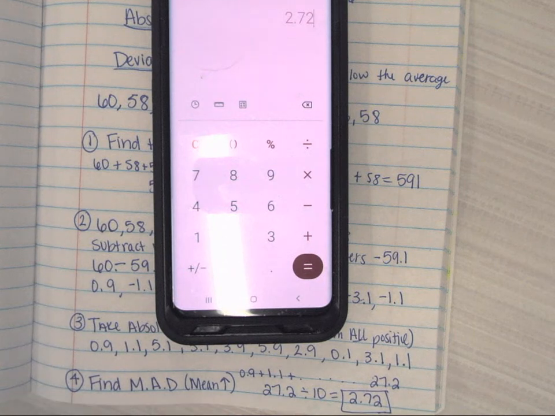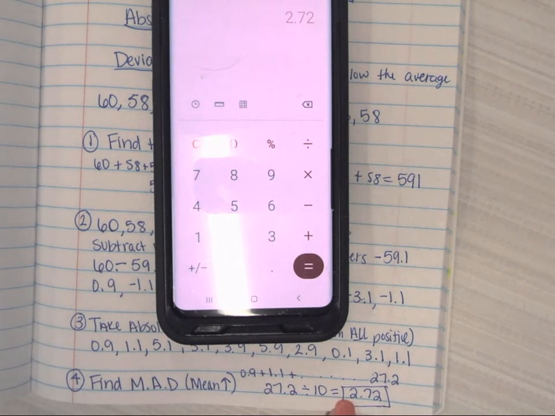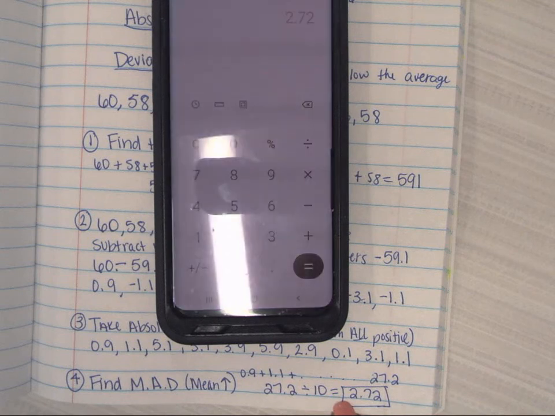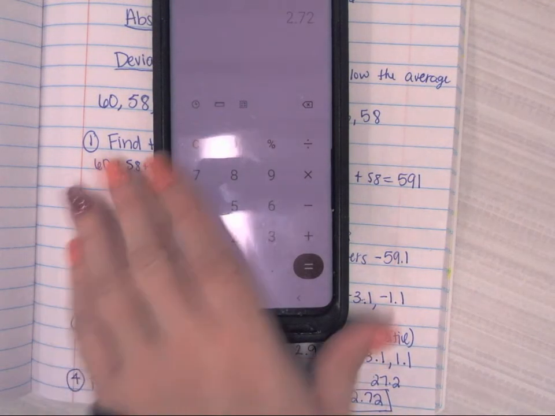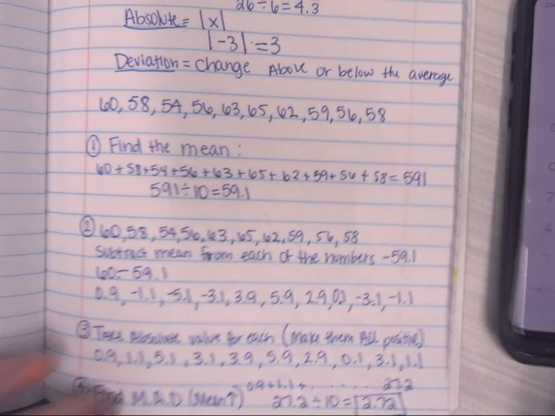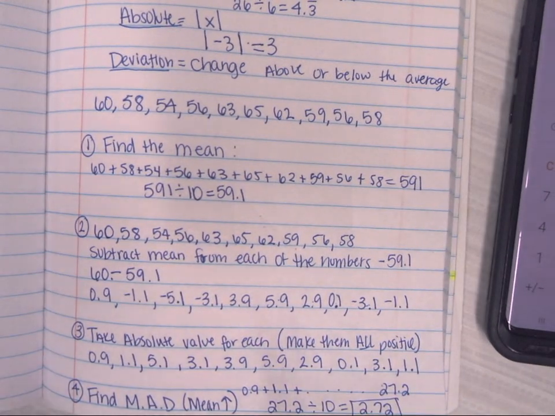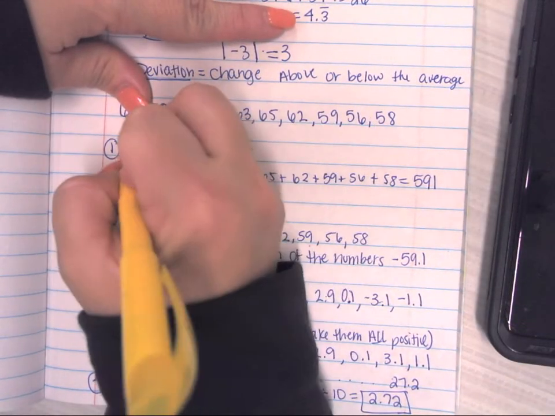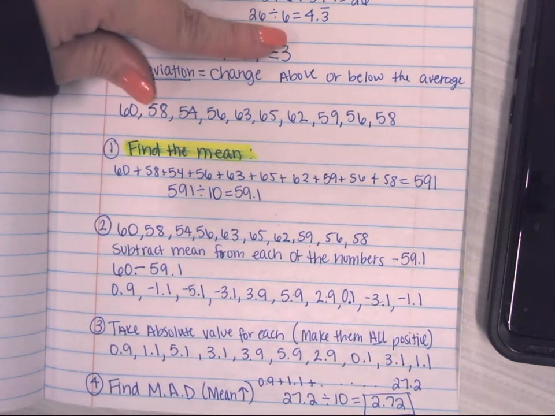Okay, they're either 2.72 inches higher or lower than the average boy in the 7th grade. So here are our steps. Number 1, you're going to find the mean, find the average.